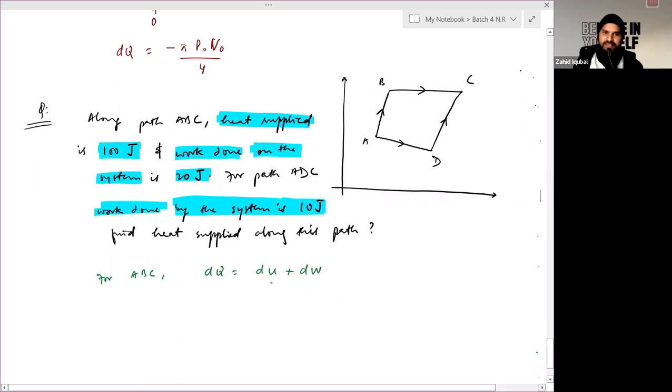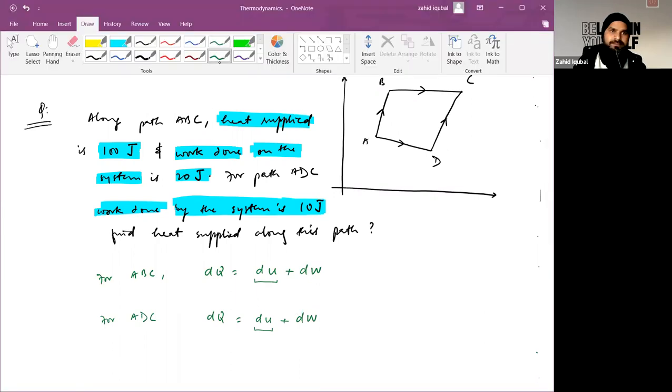Put the values given according to the question, then simplify for du. Again, for path ADC, dq equals du plus dw. Put the values given according to the question, then solve for du. Then equate these two changes in internal energy, and you'll get the required part.